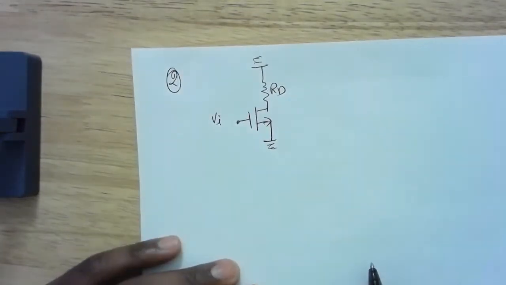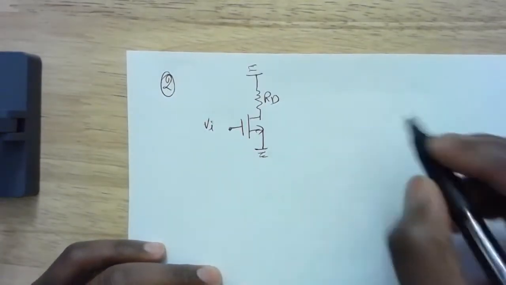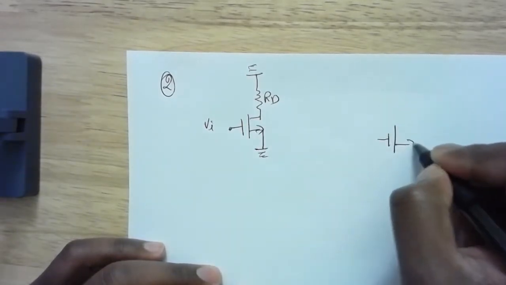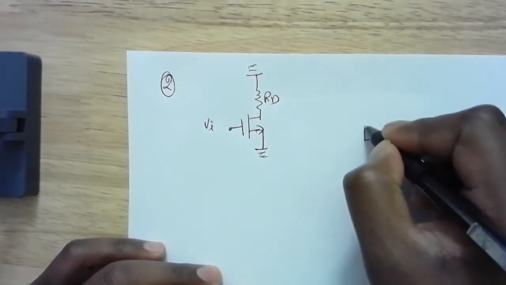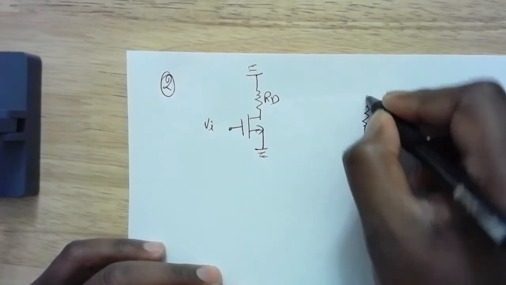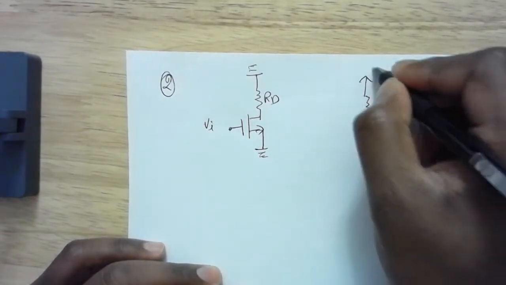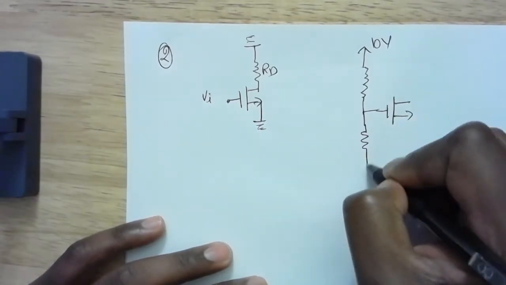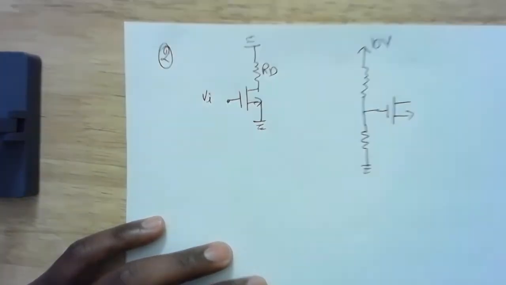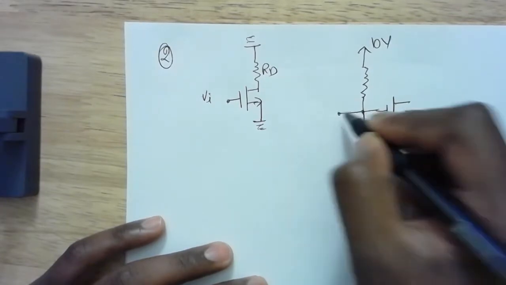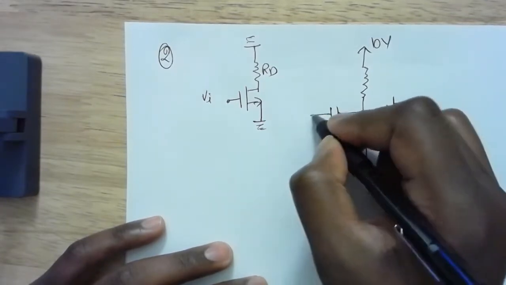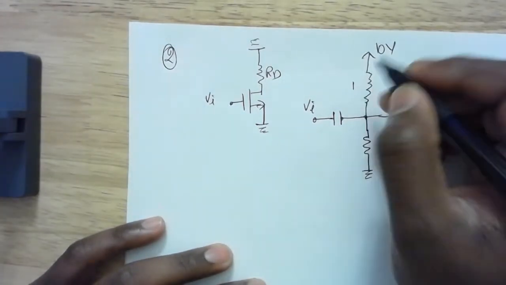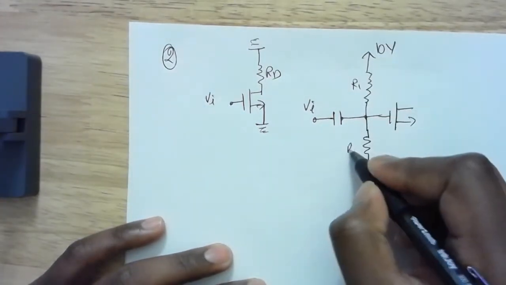Okay, so if you look at the complete DC circuit with the DC biasing, I can, for example, use a voltage divider to set a particular voltage here. This is 10 volts, and then another resistance here, which is the ground, and then I'm going to superimpose my AC signal like this. Okay, so let's say this is R1, this is R2.